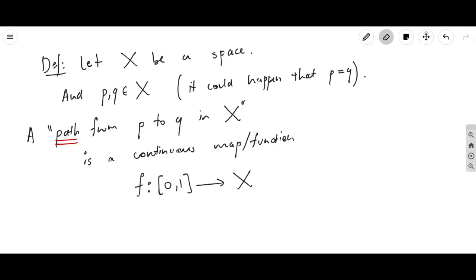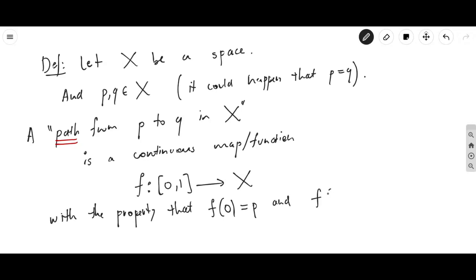So if something goes from 0 to 2, you can rescale it so it goes from 0 to 1 by dividing by 2. If something goes from 1 to 2, you can retranslate it over by subtracting 1. So you can always make your interval go from 0 to 1. It's a continuous mapping with the property that f at 0 is P and f of 1 is Q.